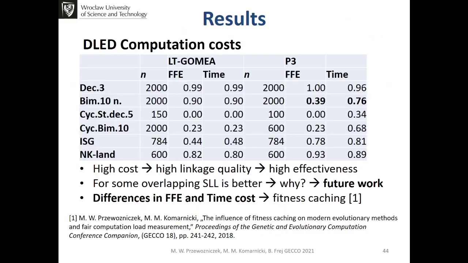However, some answer for this may be the DLED computation costs, which seem still quite high with respect to the whole run. So DLED is still expensive. However, it's cheap enough to be used by P3 and Eltigomia. And for some overlapping problems, it works better. We don't know why SLL works better for some overlapping problems. We'll check it in the future.